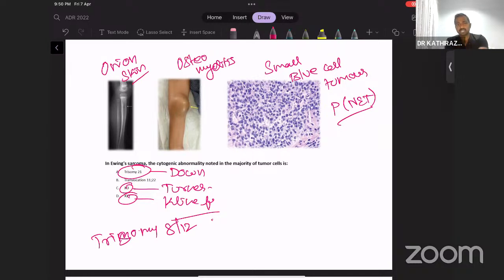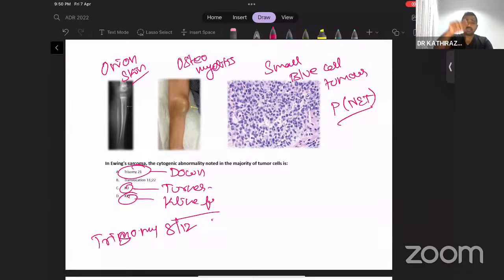Guys, the whole agenda of this question paper is to make you realize we can frame questions from easy topics. Are you all getting that? That is the whole point of this session. I can say these are glycogen-rich cells, right?